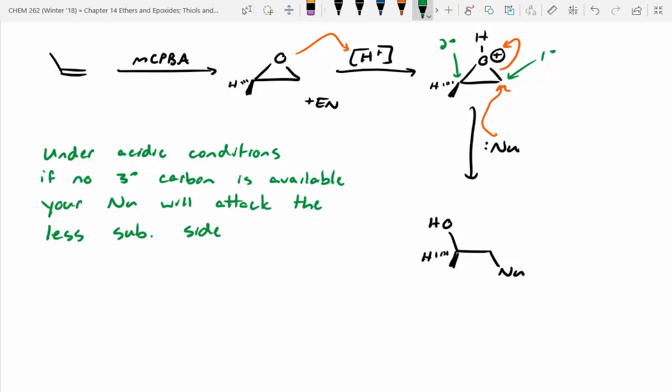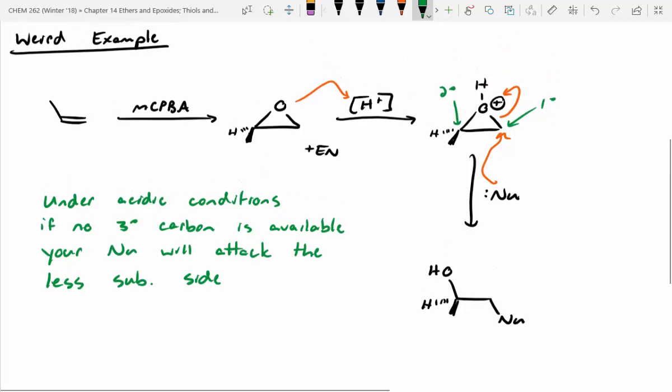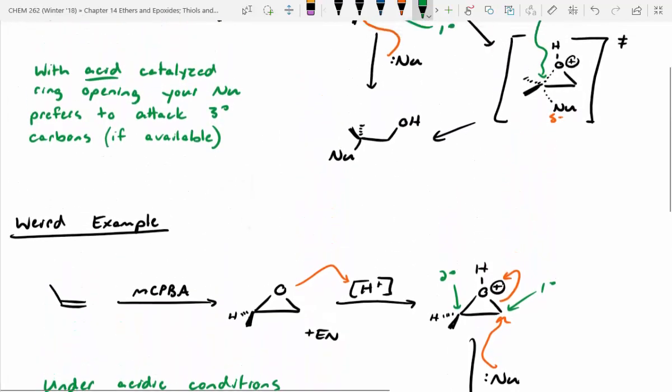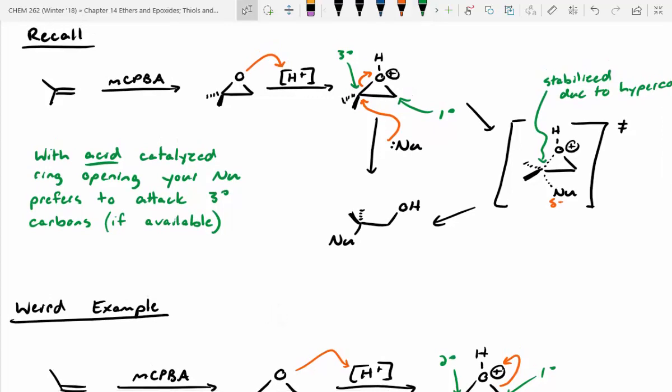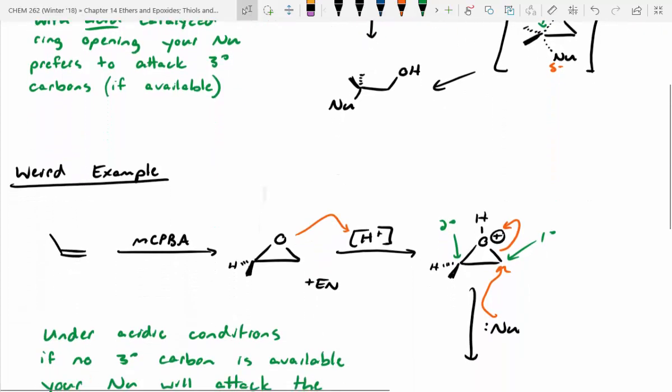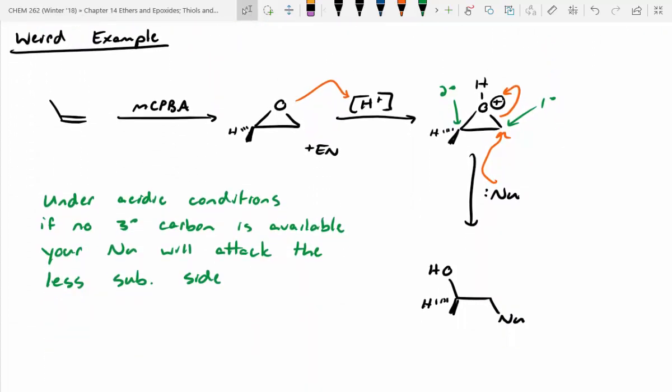And so then the question is why? So let's go back up and look at the first one. We said up here, at least with our transition state, that it was explained through this electronic stabilization, right? So electronically, this had the lowest activation energy. If we look down here, we're saying, all right, it prefers to go after the less substituted side. Why do you think that's favored in this case? It's not electronically, sterically, right?